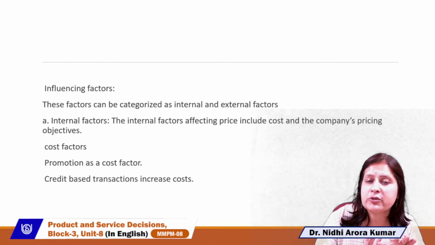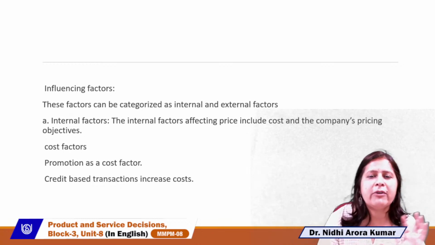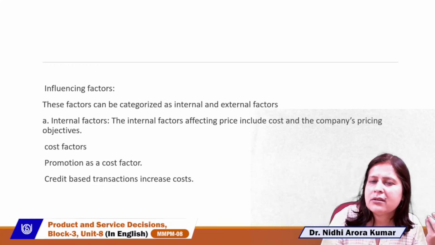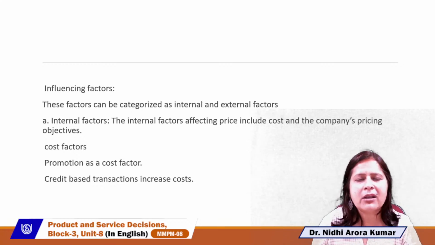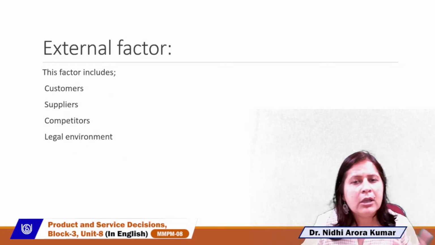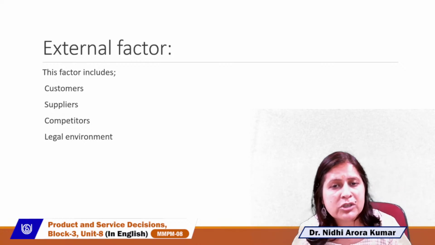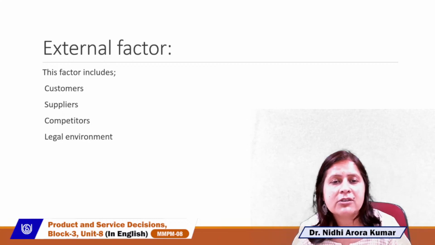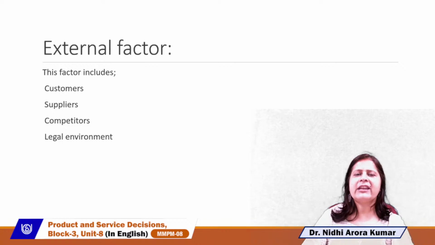And the credit based facility: some companies provide credit facility while others don't, while some give credit at 0% interest, while others charge a nominal interest or more. So credit based facilities.